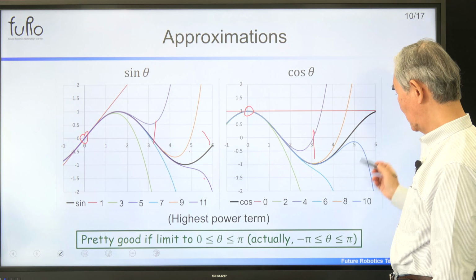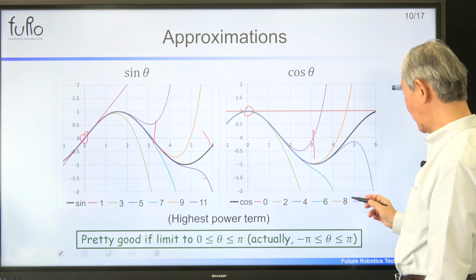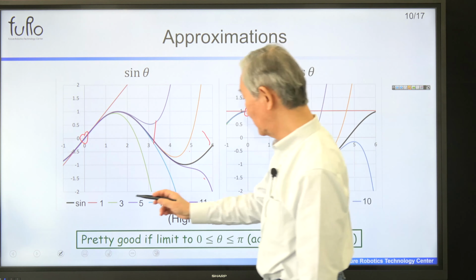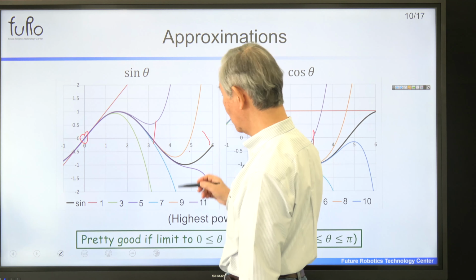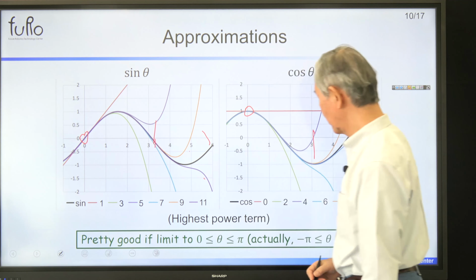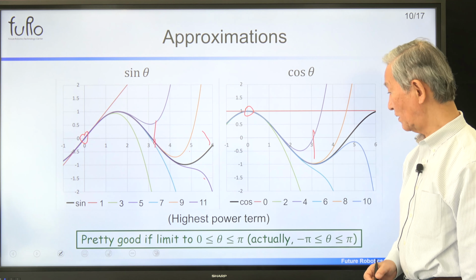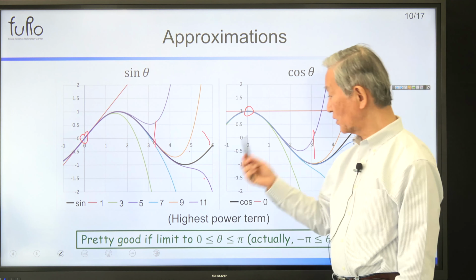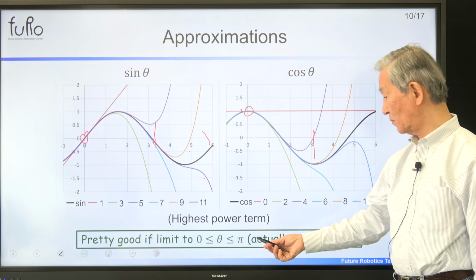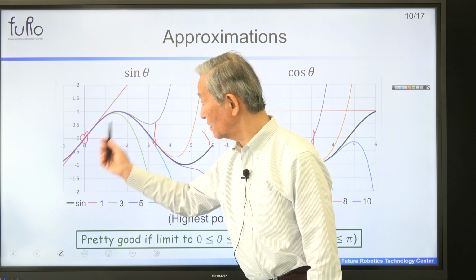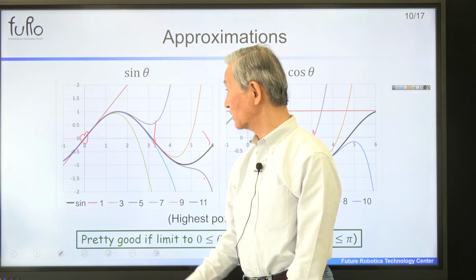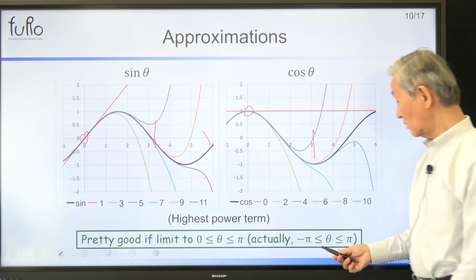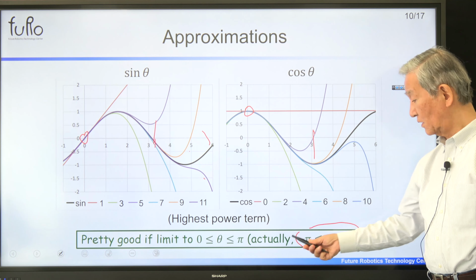If I add 1, 2, 3, 4, 5, 6 terms, it's good. So those approximations are good from 0 to pi, but since this is the odd function and this is the even function, it's actually good in this region here.